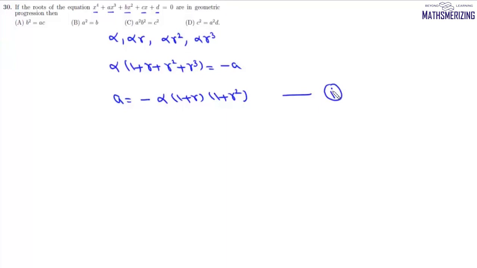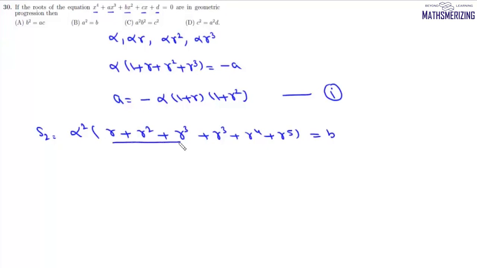Now we'll find S2. Now S2 is the sum of roots taken 2 at a time. So 4C2 is 6, so we'll have 6 terms. So S2 will be alpha square and then r plus r square plus r cube plus r cube plus r to the power 4 plus r to the power 5, and this value will be equal to b.